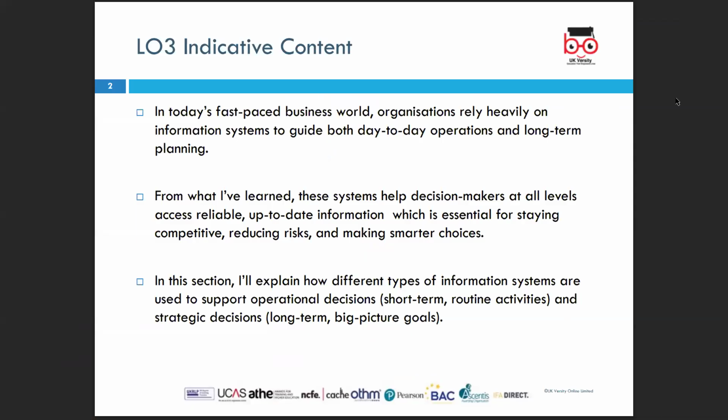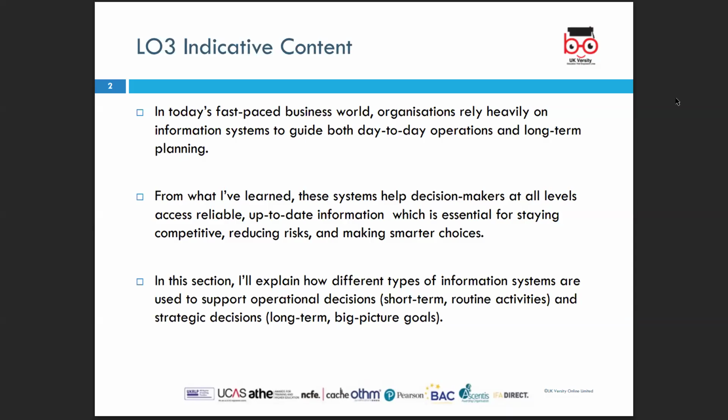So looking at our indicative content. We know now that in today's fast-paced business world, organizations heavily rely on information systems to guide them both on their day-to-day operation and also for the long-term planning.